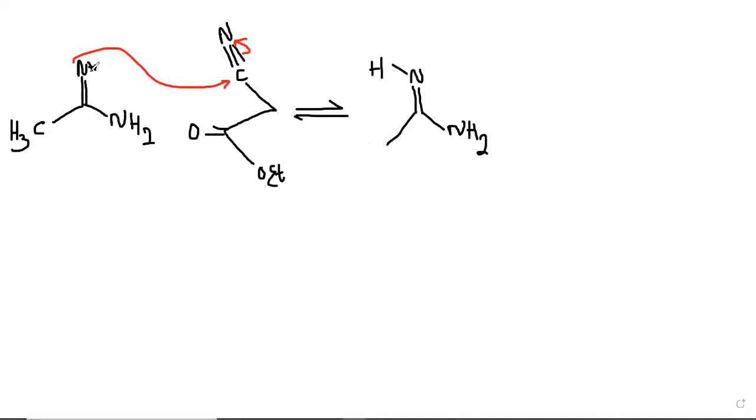Where this nitrogen and carbon have reacted, there's going to be a line to show that they have connected. We can use a different color, as some people may find that helpful. So we are showing a connection between this molecule and this molecule because they have reacted with each other.